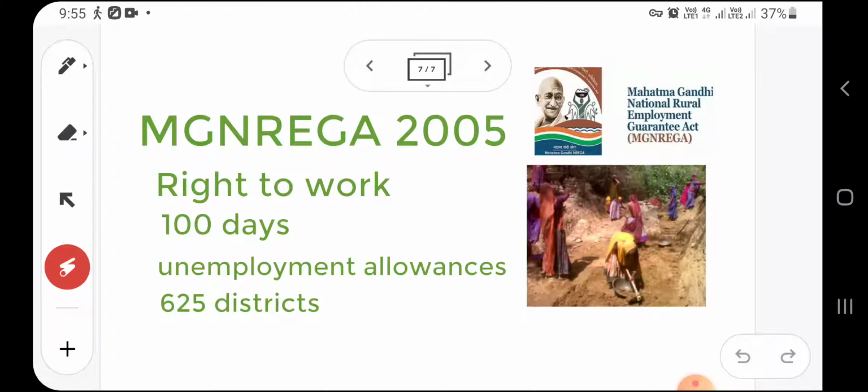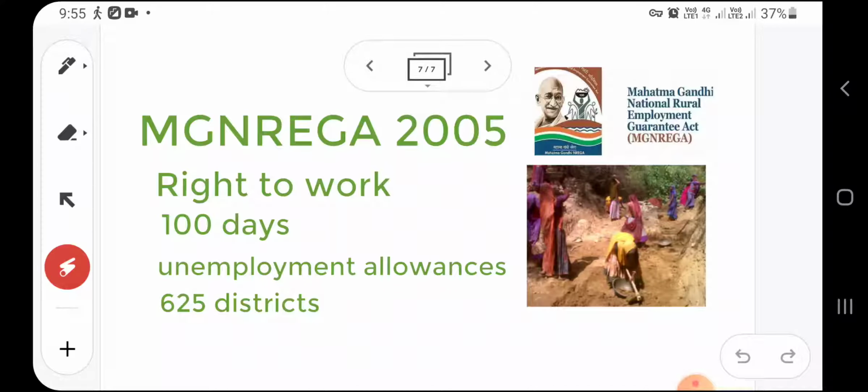Through this scheme, the infrastructure of that area and its land and water resources improve. So it is called the right to work. Why? Under this scheme, the government should provide a minimum of 100 days of work to the people.